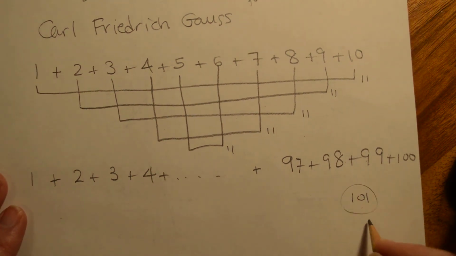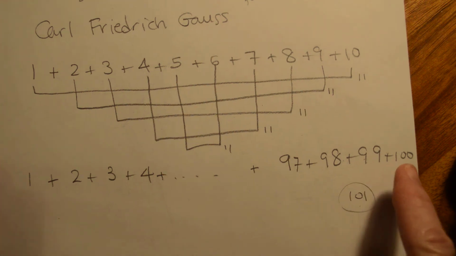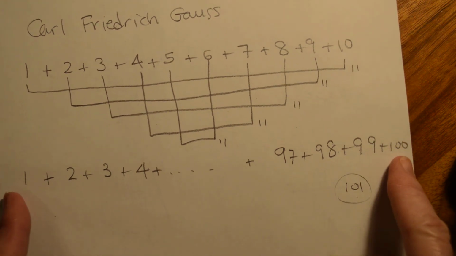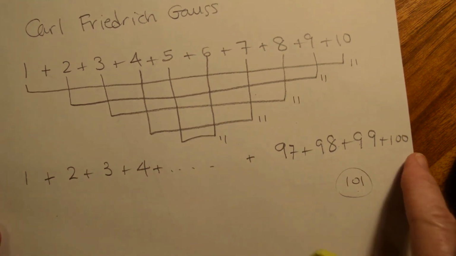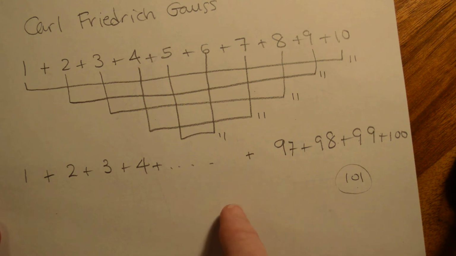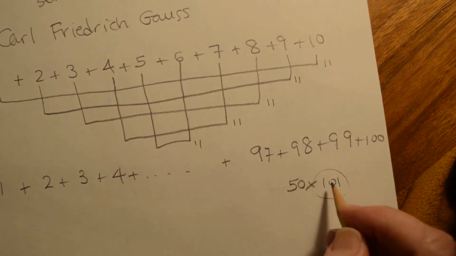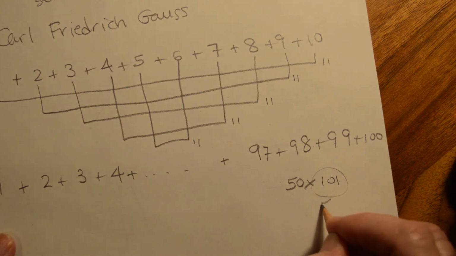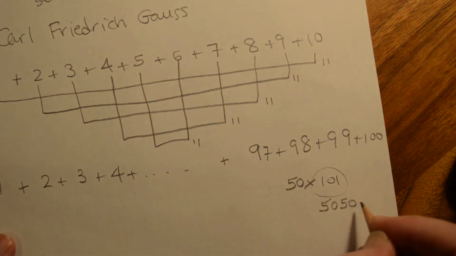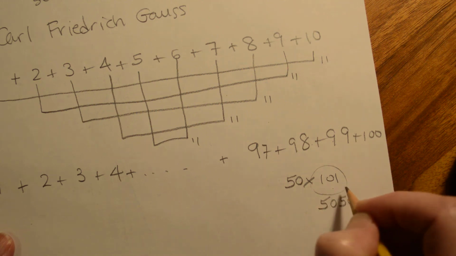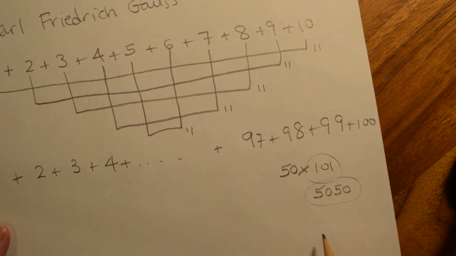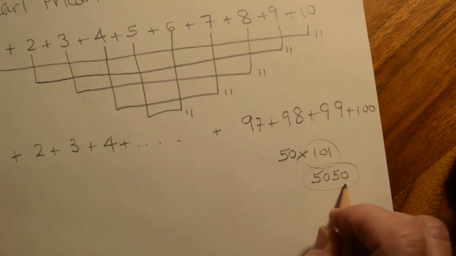So he'd have all these 101s. How many of them? Well, half as many as there were numbers. There were 100 numbers here, so he's going to have 50 of them. So the sum would be 50 times 101, which gives us 5,050. All right, so that's how he was able to compute it so quickly.